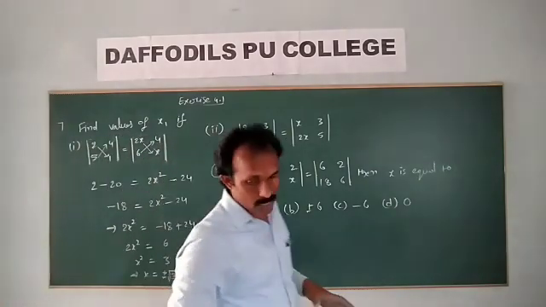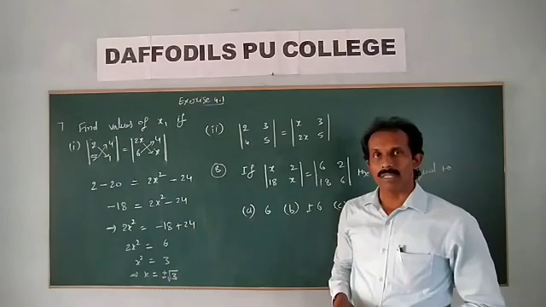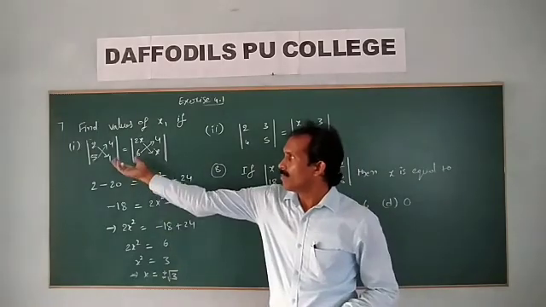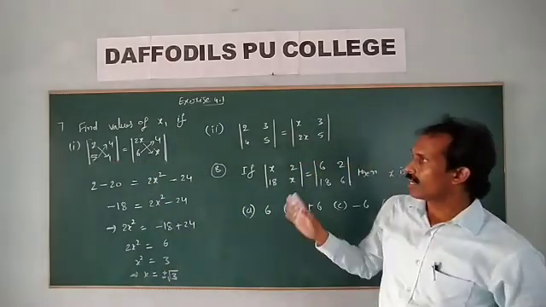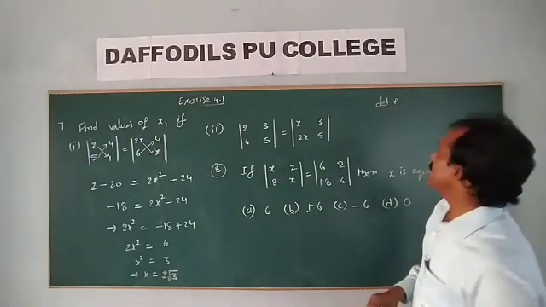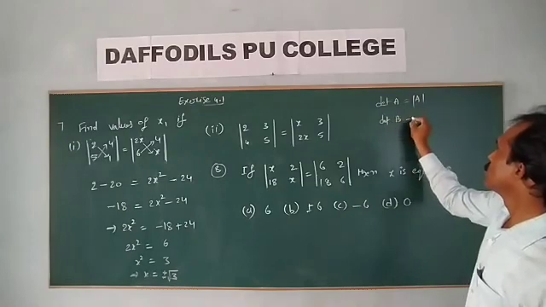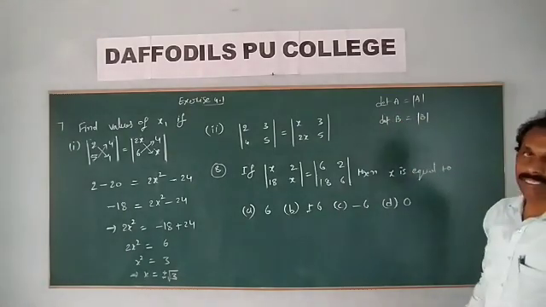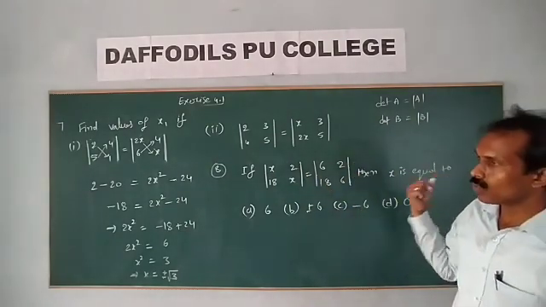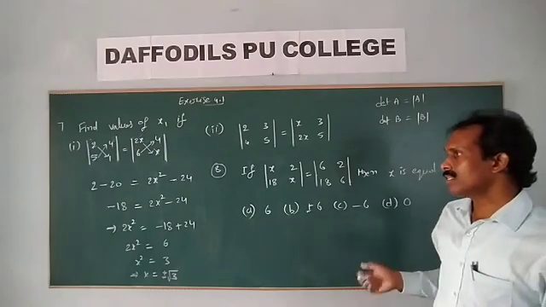What did you learn from this concept? A determinant is a single value, a real number or a complex number, and determinants are represented with two lines, a modulus-like bar, written shortly as det A, or |A|. And for 2 by 2 and 3 by 3 matrices, we learned how to solve along the first row, second row, third row, first column, second column, and third column.